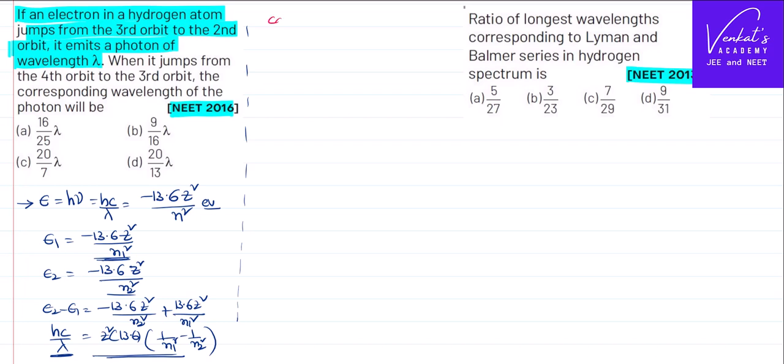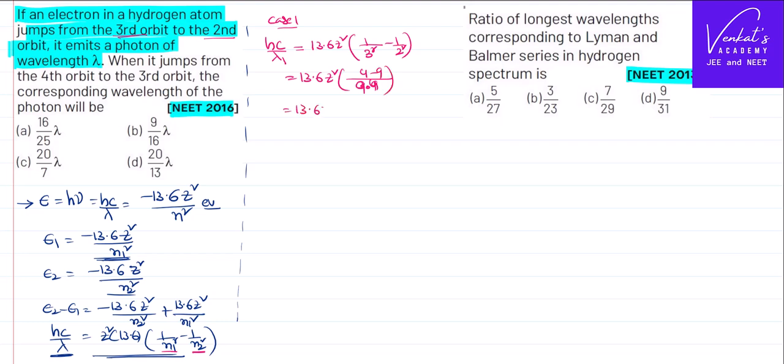So what is in case 1? That's our problem. The electron jumps from third orbit to second orbit, that is, n1 is 3 and n2 is 2. Let us substitute. hc by lambda 1, the energy of the photon, is 13.6 Z square times 1 by 2 square minus 1 by 3 square. 13.6 Z square, 9 into 4 is the LCM, so 9 minus 4.